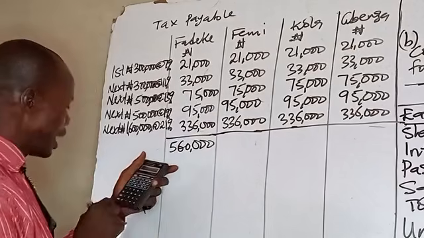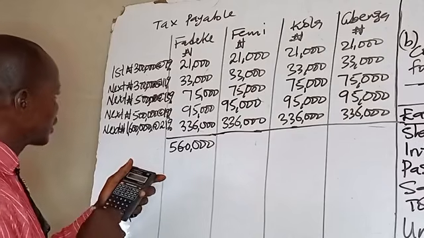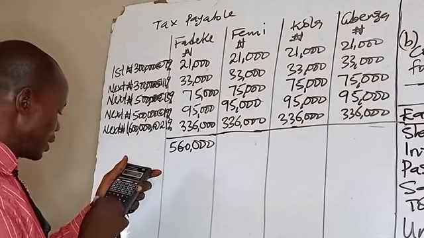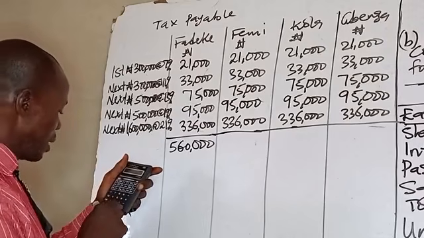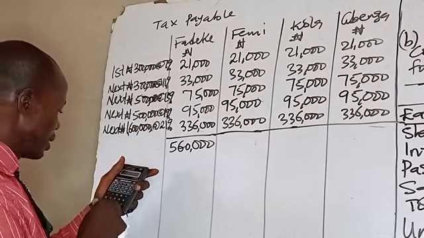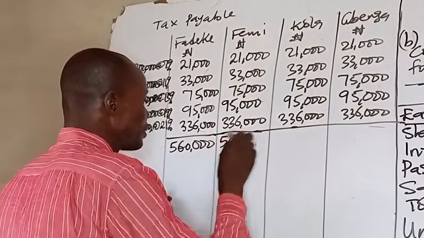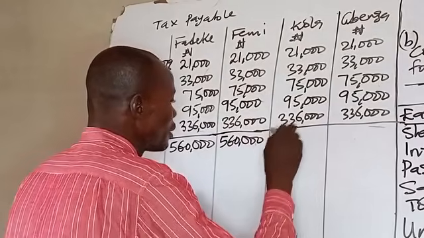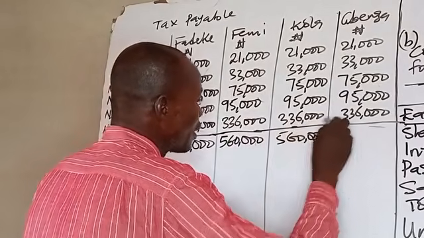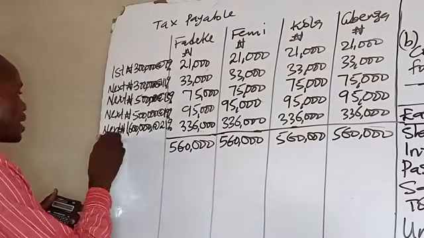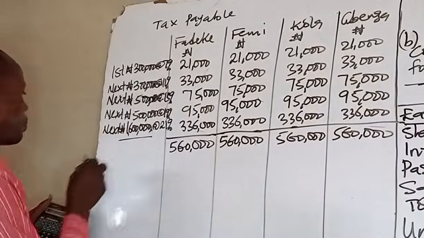Let me reconfirm that. 21 plus 33 plus 75 plus 95 plus 336. 560,000. That is the amount of tax computed so far. And the income that has been taxed so far is 3.2 million.